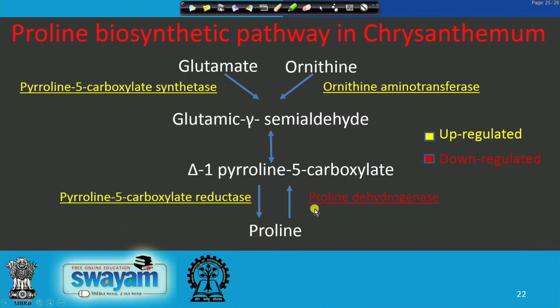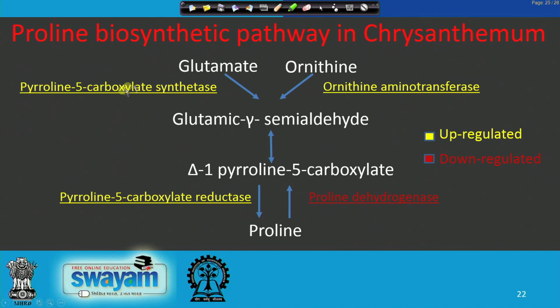Alternatively, there is another enzyme known as proline dehydrogenase. Okay. This enzyme basically degrades proline, and from proline it produces delta 1 pyrroline 5 carboxylate. So, in chrysanthemum species, upon exposure to salt stress, it was found that three genes highlighted in yellow, that is the pyrroline 5 carboxylate synthetase, the ornithine aminotransferase, and pyrroline 5 carboxylate reductase, have their expression upregulated upon exposure to salt stress.